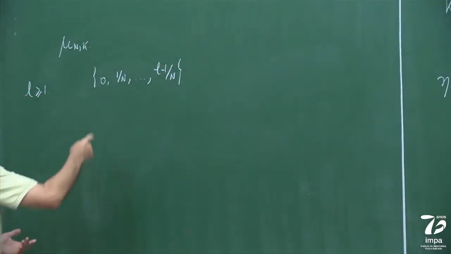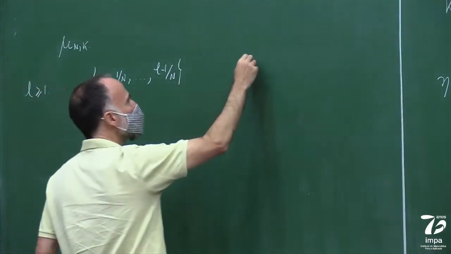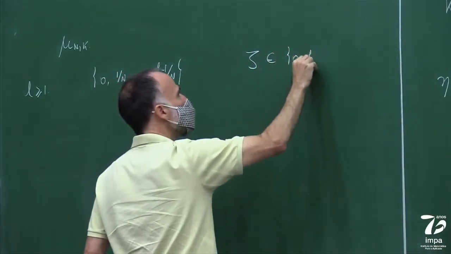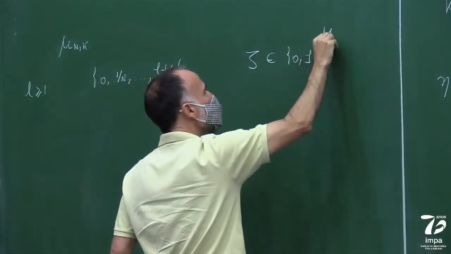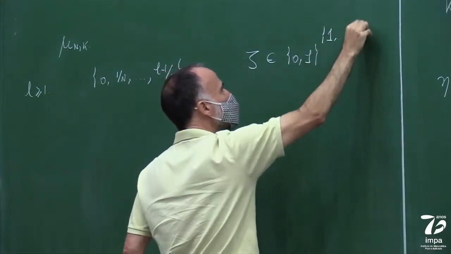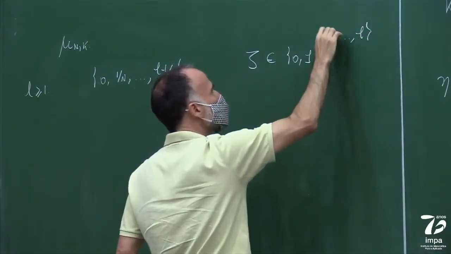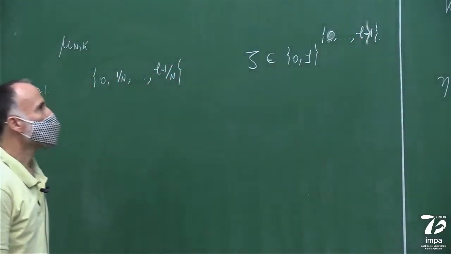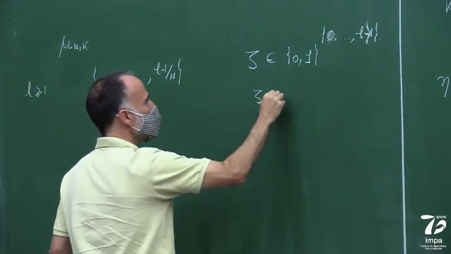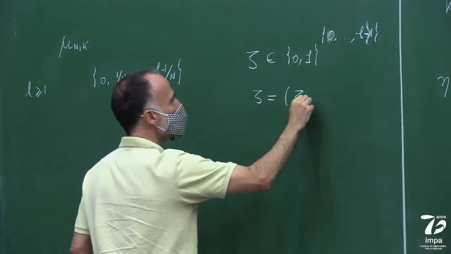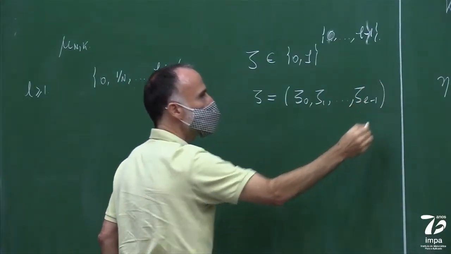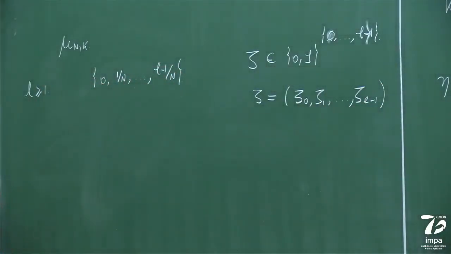And let's say that I take a configuration zeta, which belongs to {0,1} to the power L. So zeta will be a configuration zeta 0, zeta 1, up to zeta L minus 1. So it's a fixed sequence of zeros and ones.